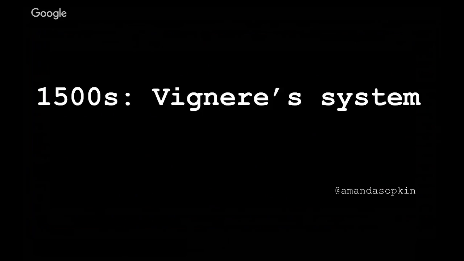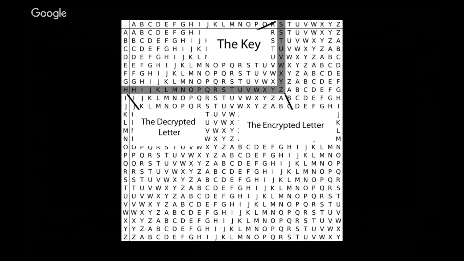Then fast forward to the 16th century, and a French diplomat named Blaise de Vigenère came up with another really popular cipher. It's called Vigenère's system. It's considered important historically because it's the first encryption method to use something that looks like a key that we might use in modern encryption.